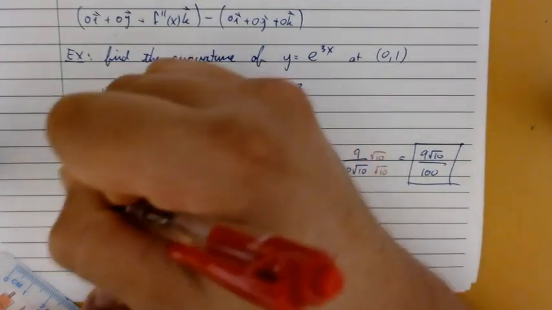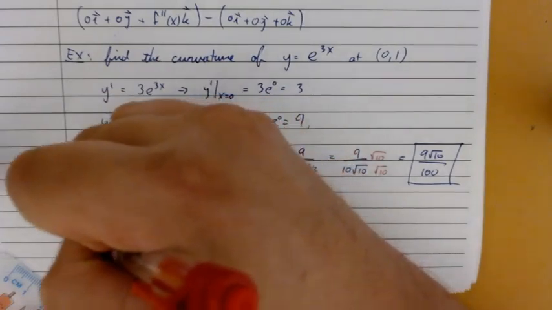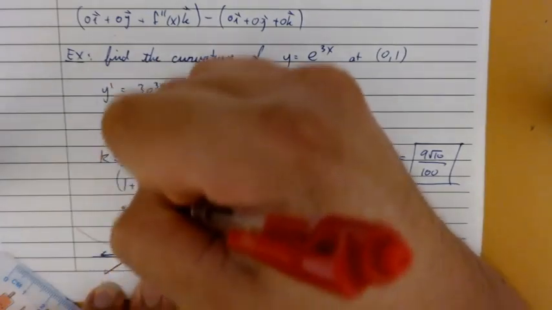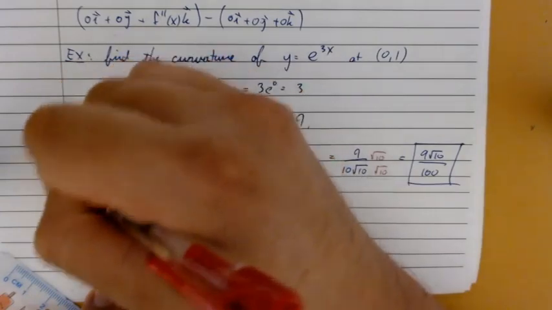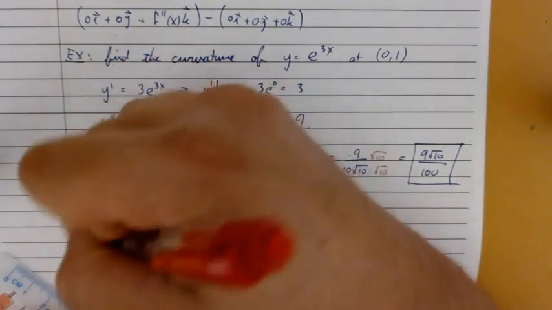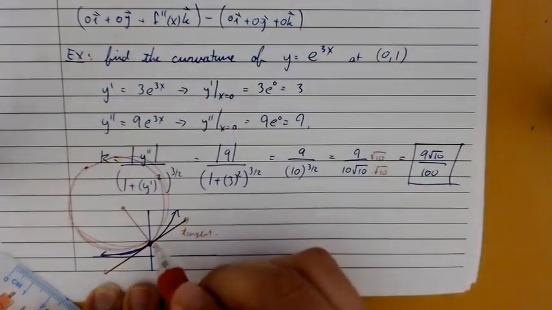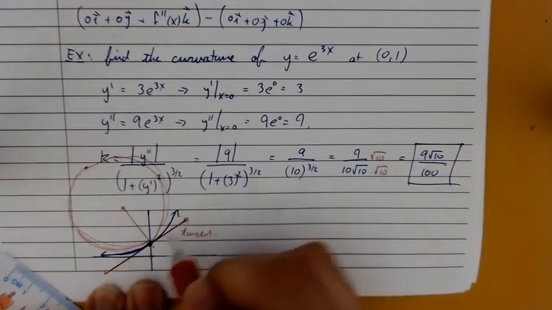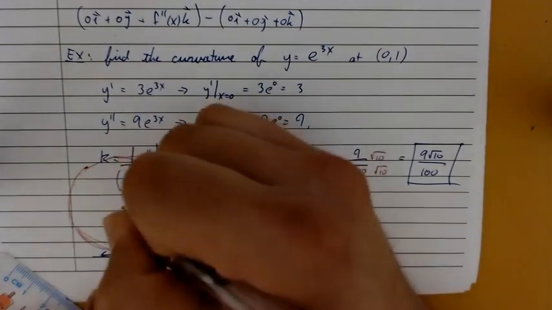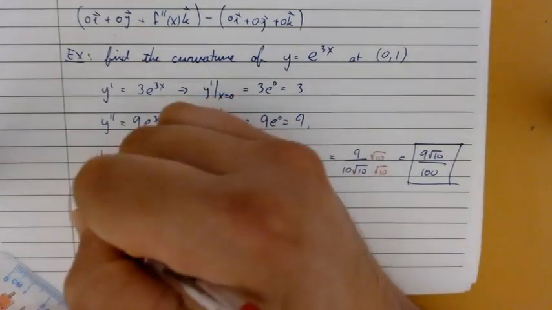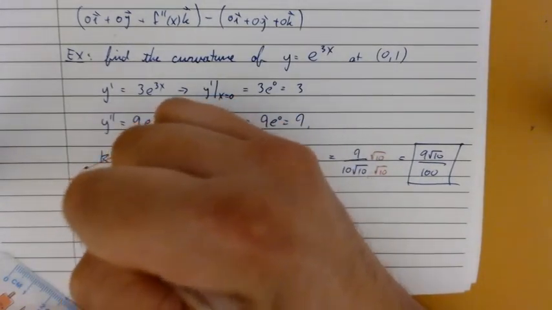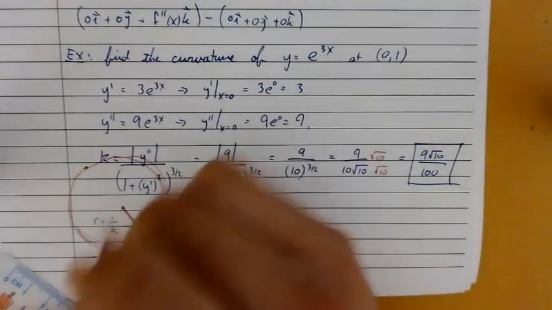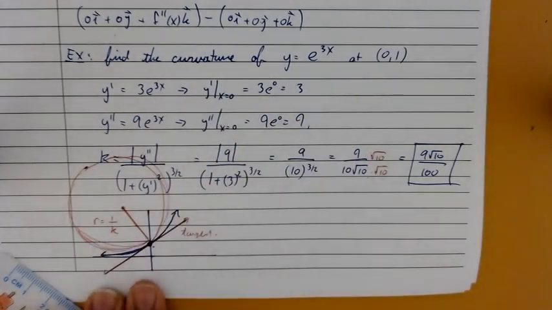So there's some circle out there somewhere that has the exact same tangent line at that point as this curve does. The radius of this circle is the reciprocal of the curvature. Or you can say curvature is the reciprocal of the radius. Either one of those is fine.